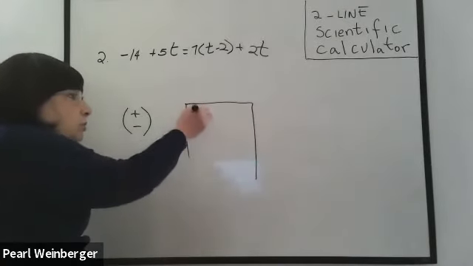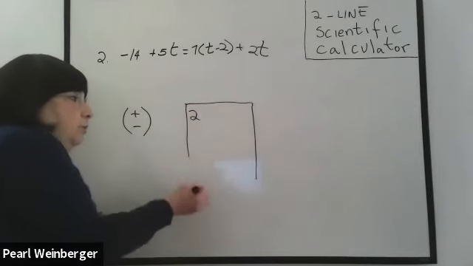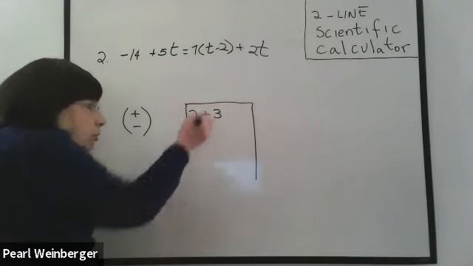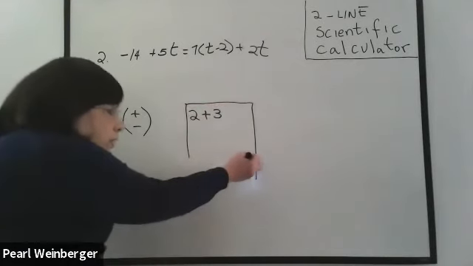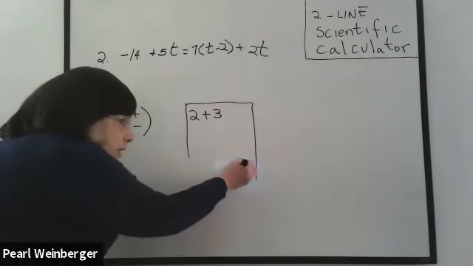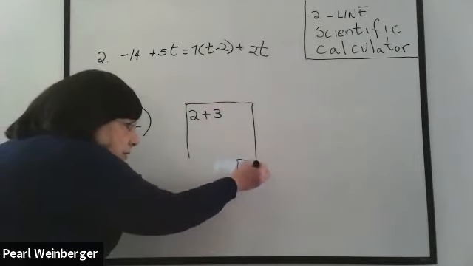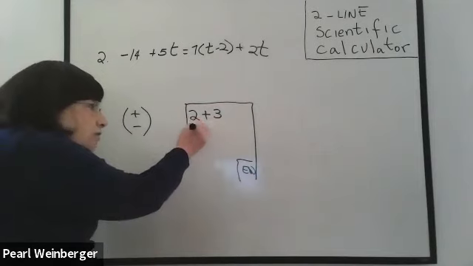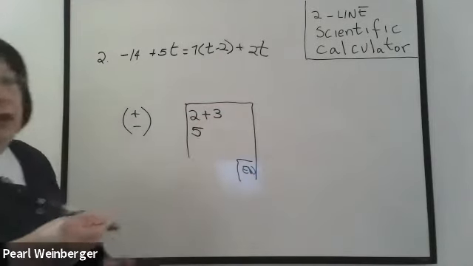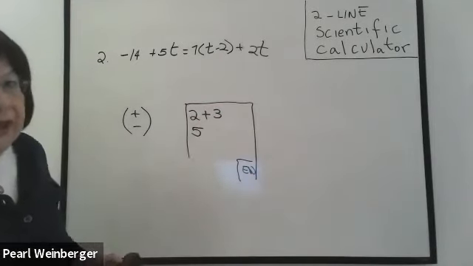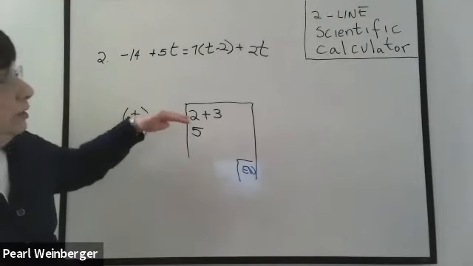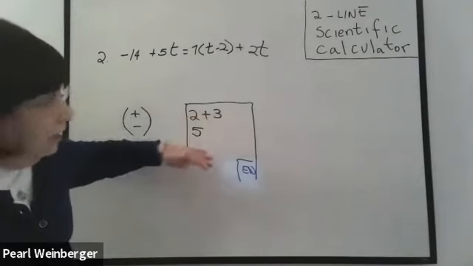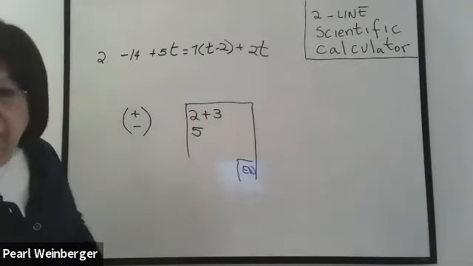Now, what a two-line calculator means is that if you're looking at the screen, and let's say you want to do 2 plus 3, you'll type in 2, you'll type in your plus, you'll type in your 3, and over here is something like an enter button or equal button. You press your enter and it'll give you the answer on the second line. That's why it's called a two-line calculator, because it allows you to see the problem and then see the answer.